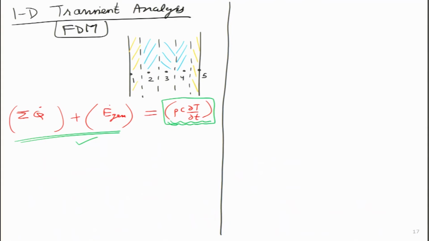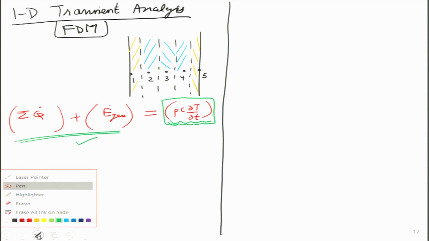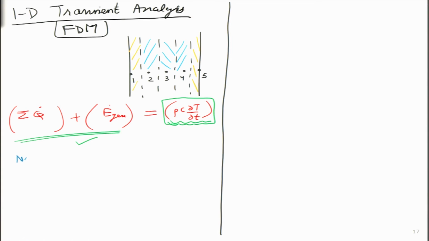So, let us try and write this particular equation down over here. For the 1D case and maybe for an interior node, so again I will start with node number 3. Let me write this first term for node number 3. What are the sums of all the heat transfers actually coming in from all the sides? There are two heat transfers coming in, one from this side to node 3 and one from this side, right?